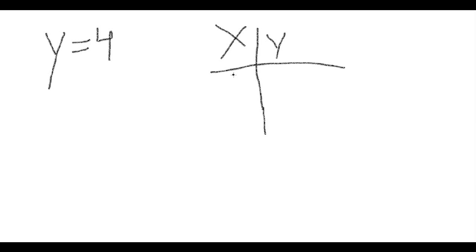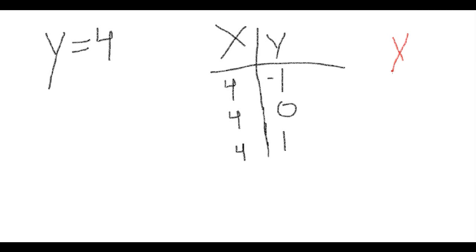Basically what this is indicating is no matter what x is, y will always equal 4. So I chose negative 1, etc.